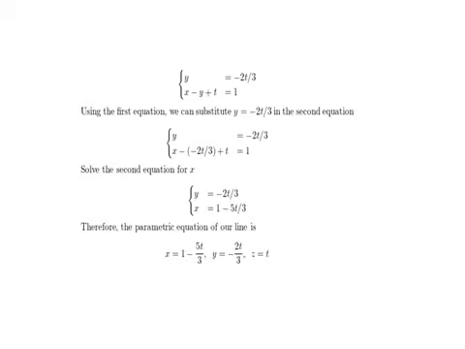So after solving the equation, it gives x = 1 - 5t/3.